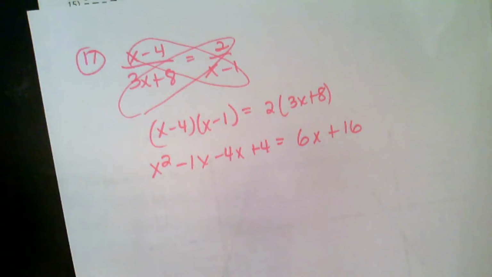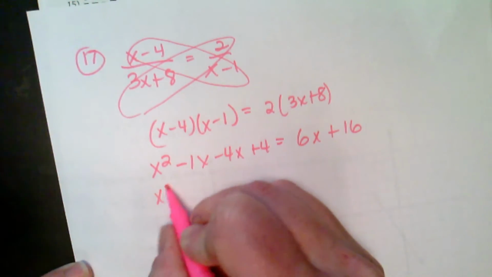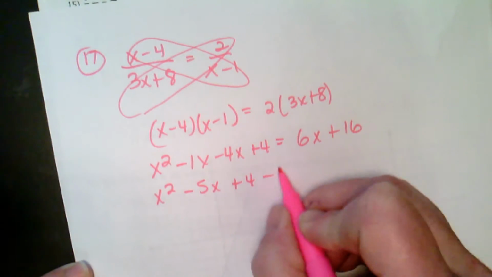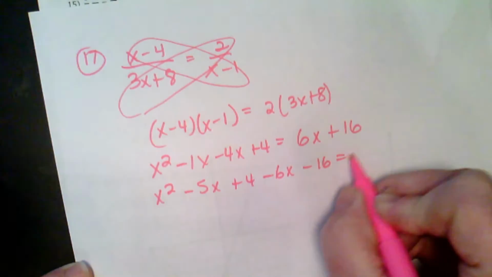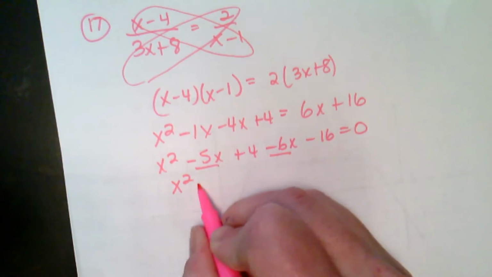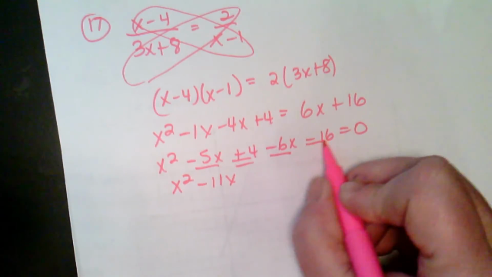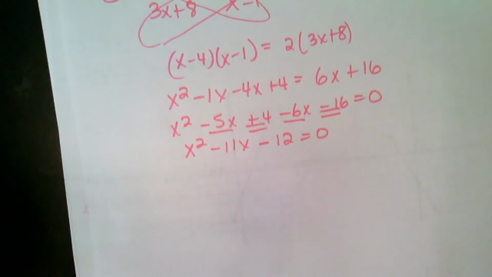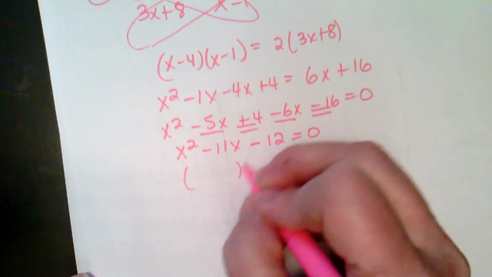Then we're going to combine like terms, put everything all on one side, and put together things that are alike. And then we should be able to factor this.